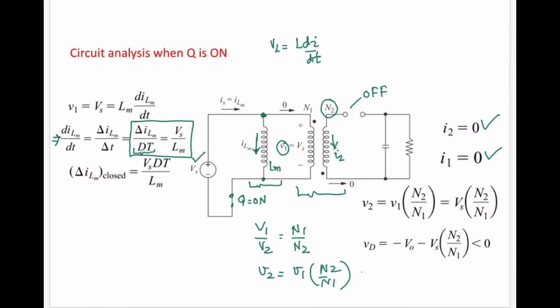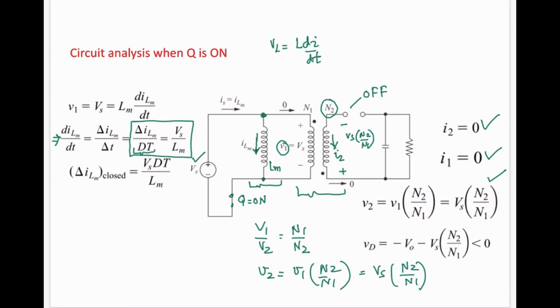So V2 is Vs into N2 by N1. So the voltage across the secondary winding will be plus minus Vs into N2 by N1.